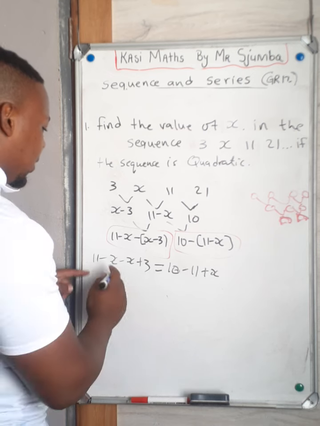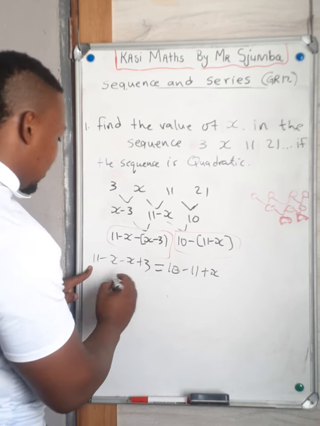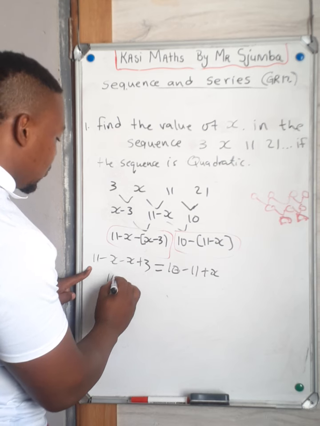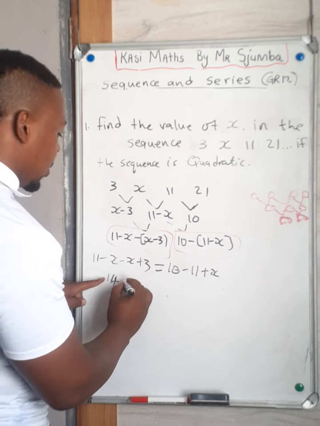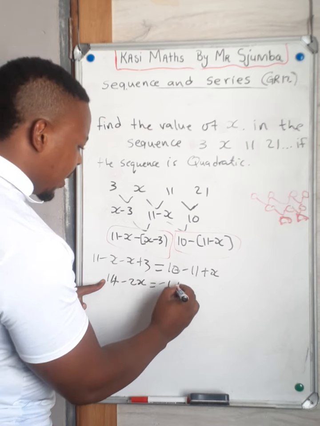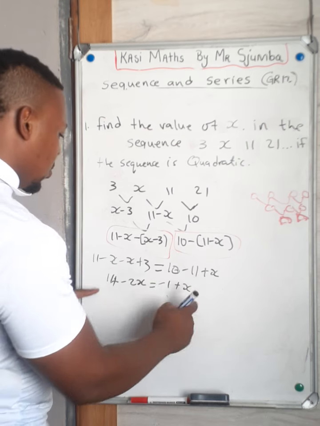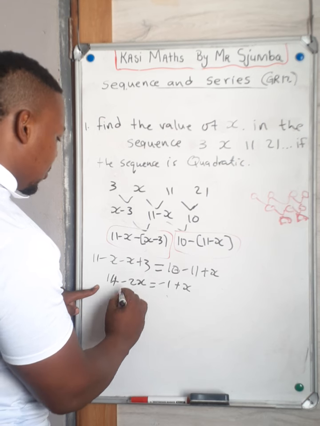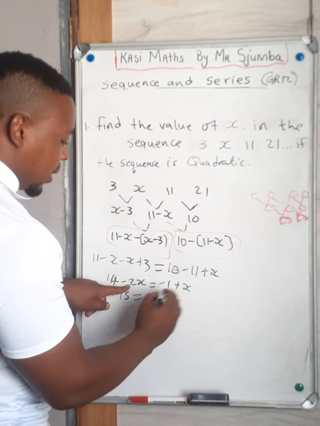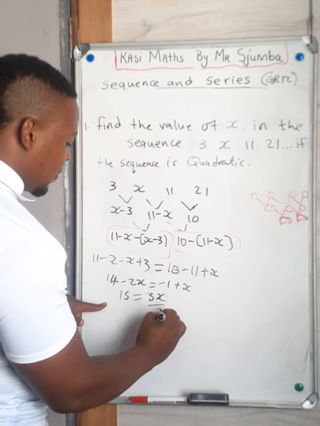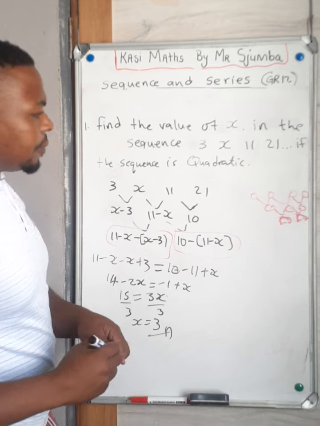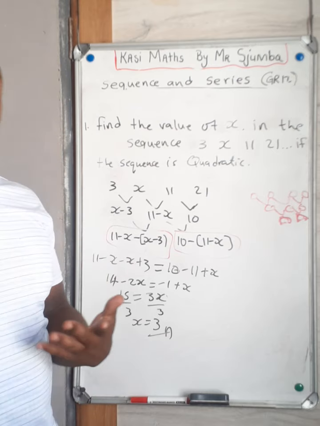Then we solve for x. 11 plus 3 is 14, minus 2x, equals minus 1 plus x. So this gives 15 equals 3x, and dividing by 3, x is equal to 5.